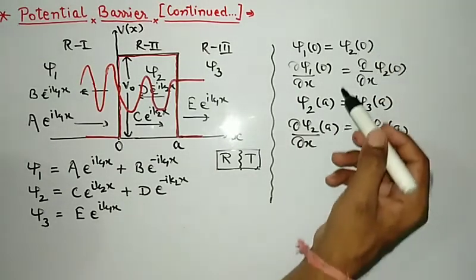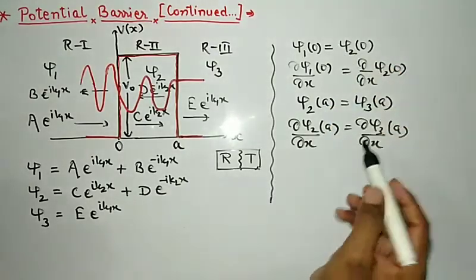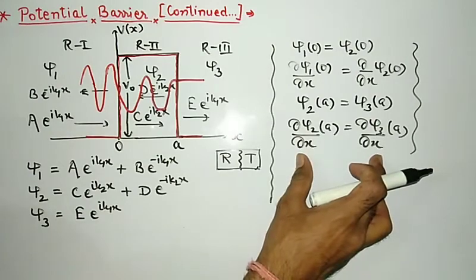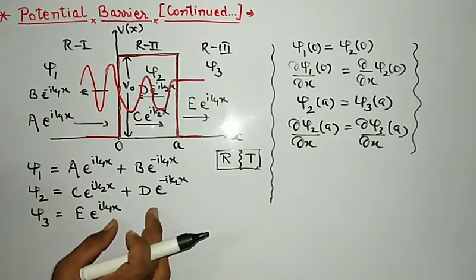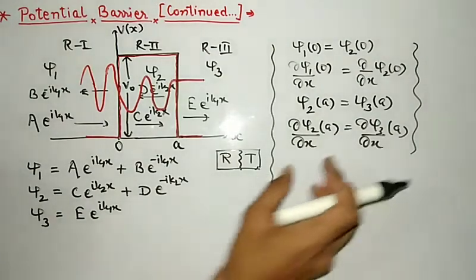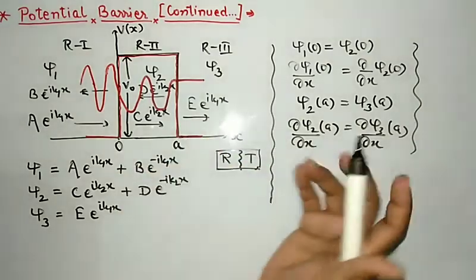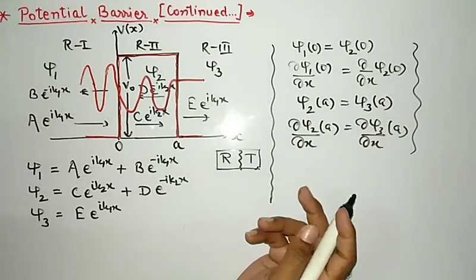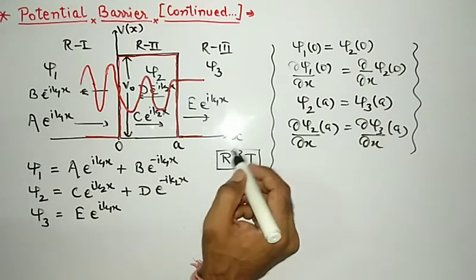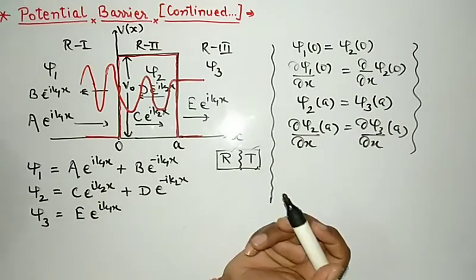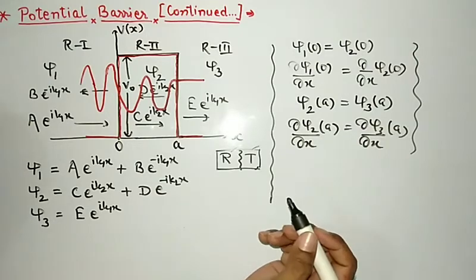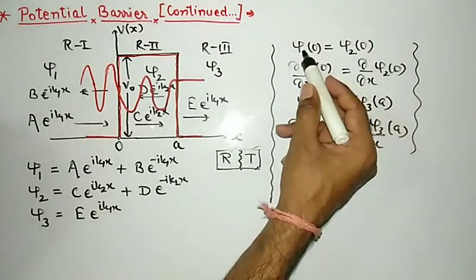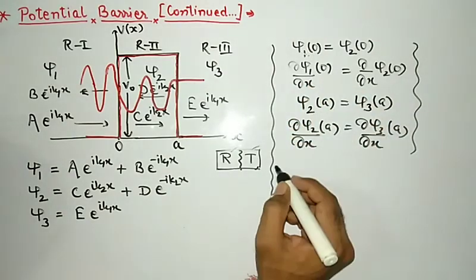Using these boundary conditions and these equations, after applying them we will get 4 equations. We will solve those 4 equations and find the relations between the constants to get the values of R and T. Now we have to solve and obtain the equations.